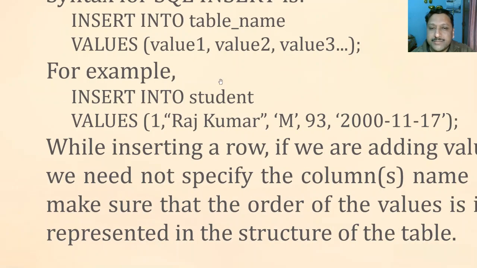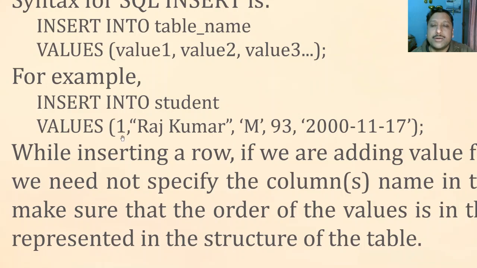Okay, for example, suppose we want to insert one record for the student table, then we have to give a command like this: insert into student values. 1 is given for roll number, Raj Kumar is given for name, and M is given as category, gender. Okay, and 93 is given for marks, and this is given for date of birth. Okay, date of birth is given.